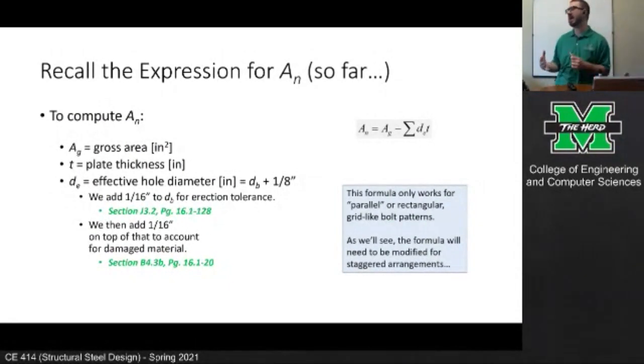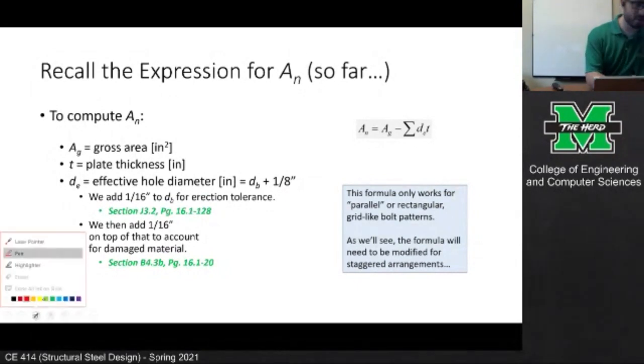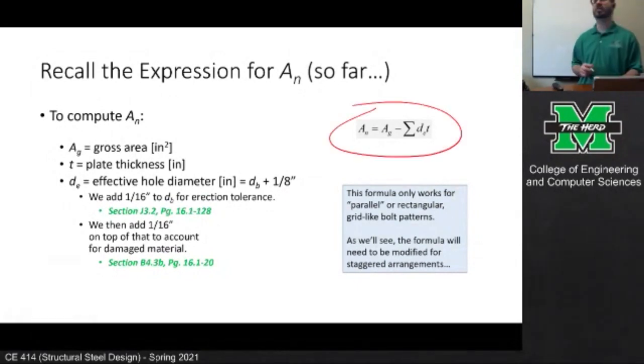And we said that the net area was the gross area minus the area lost due to the presence of bolt holes. But really, if I was being a bit more scientific, I might write the formula like this. The net area equals the gross area minus the sum of the bolt holes, which is the diameter of the hole times the thickness.